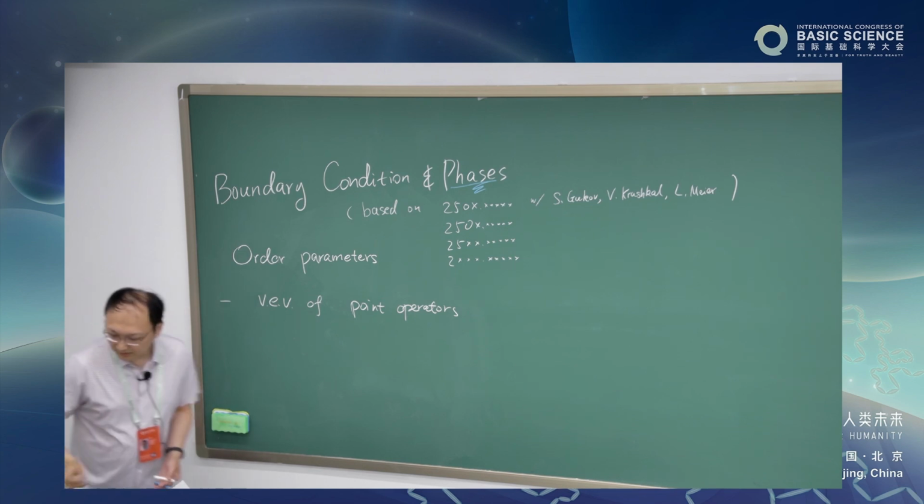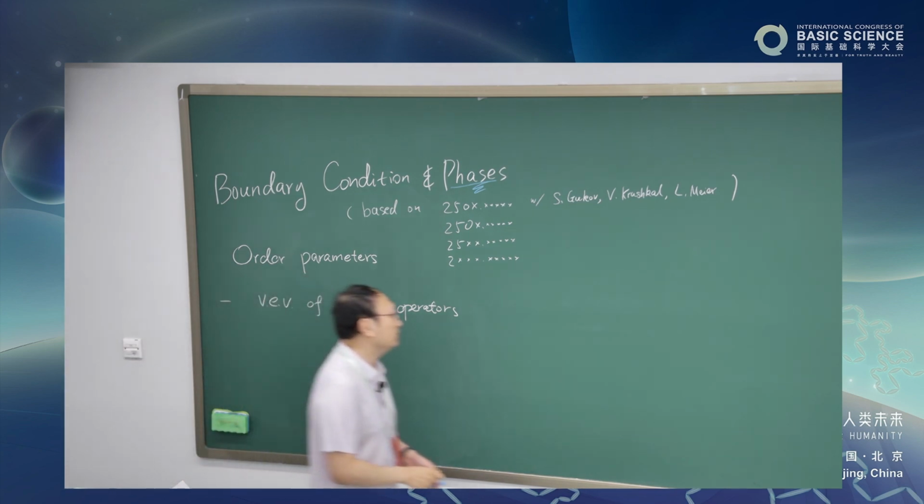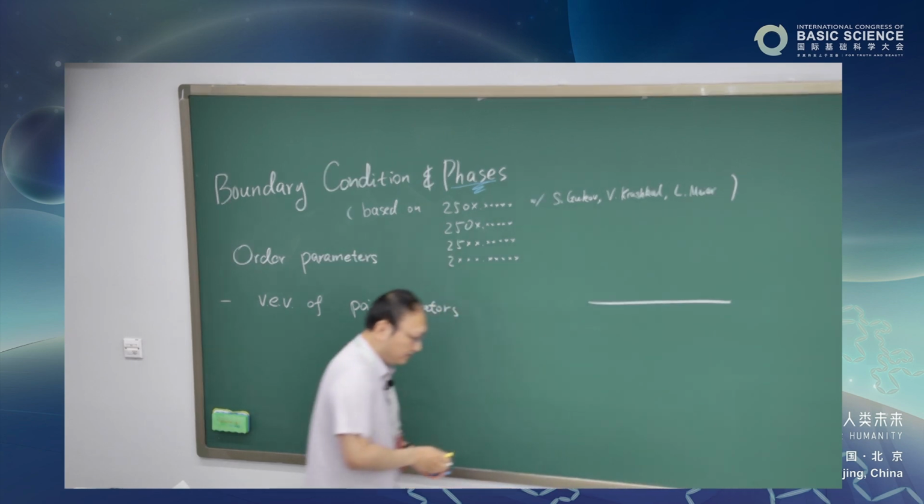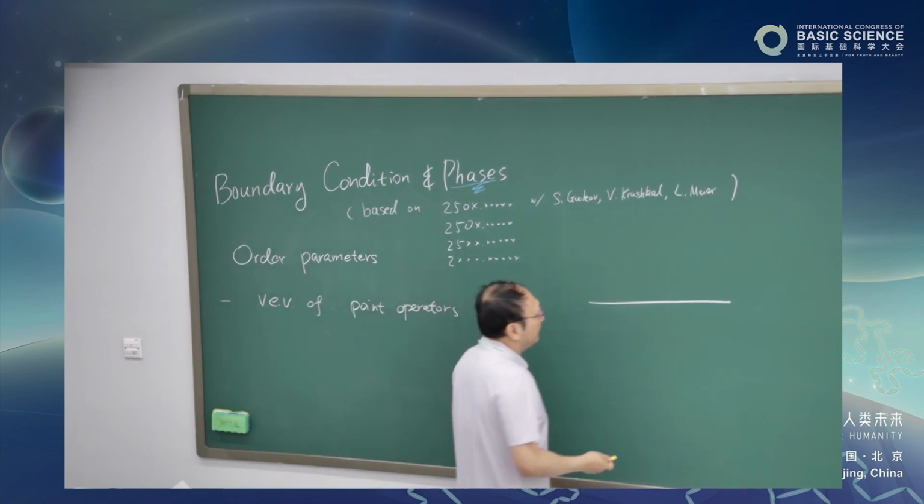So maybe one of the most famous examples for this is the ferromagnetic and paramagnetic transition.